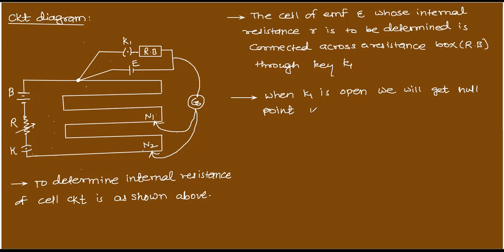Null point N1 at length L1 due to cell EMF E. So therefore, what I should write, E is equal to phi L1. Call this equation number 1. Okay, so first note down this, draw the diagram and note down fast.